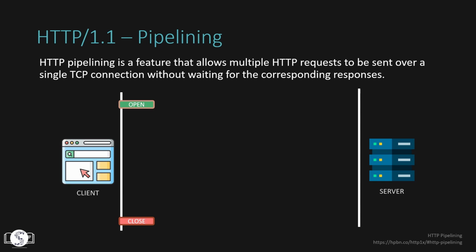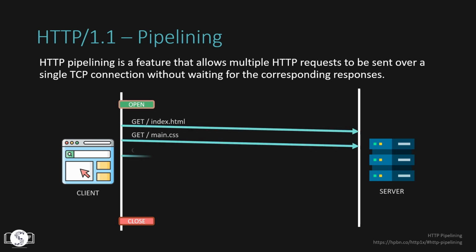HTTP pipelining is a feature of HTTP 1.1 which allows multiple HTTP requests to be sent over a single TCP connection without waiting for the corresponding responses. So in this example, the client makes three requests: index HTML, main CSS, and then main JS.